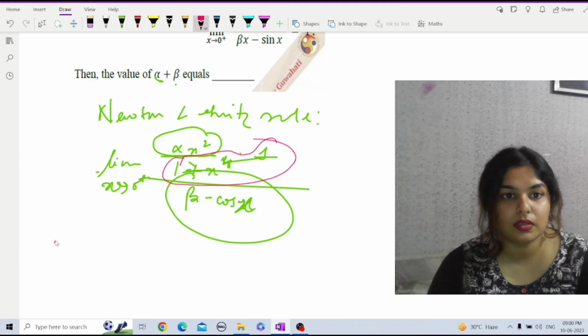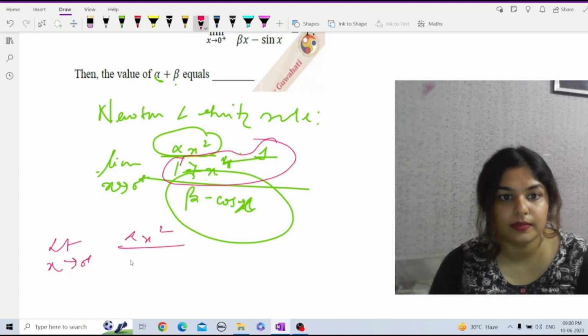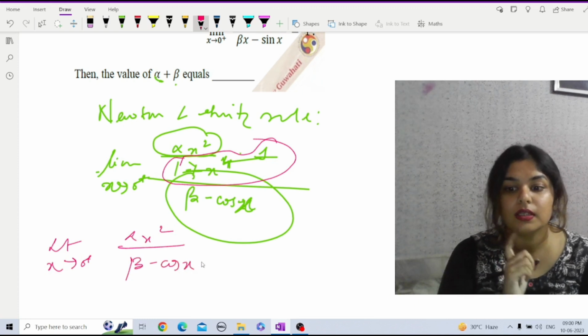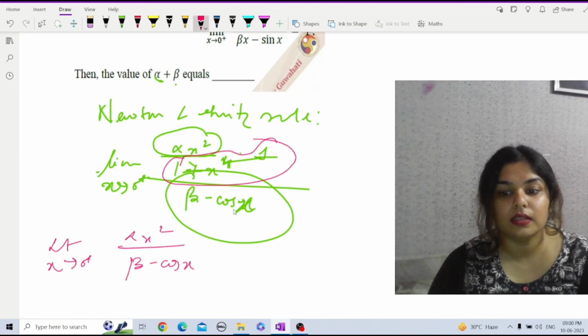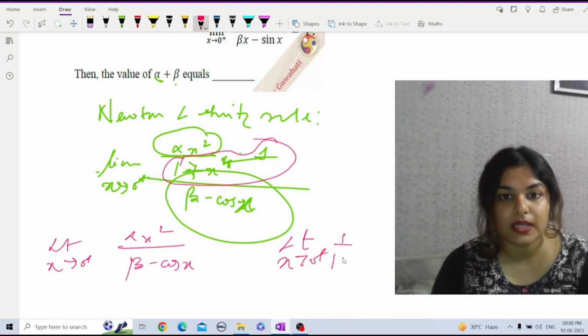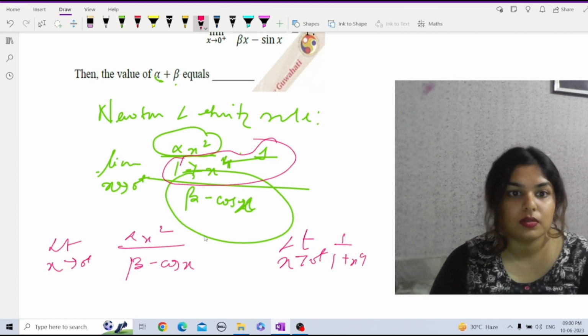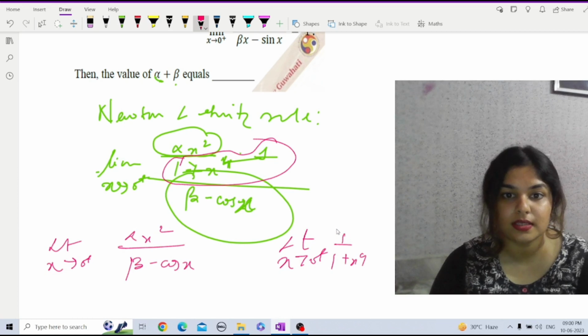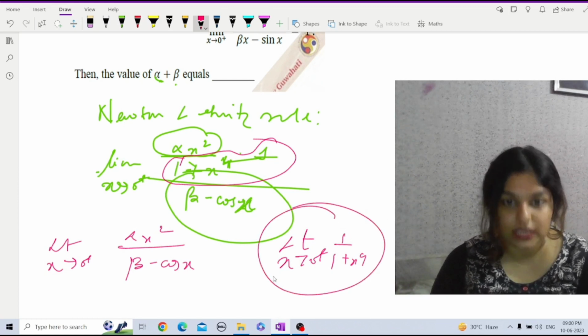So let me write down this limit x tends to 0 positive alpha x square by beta minus cos x, right? And the other part is limit x tends to 0 positive of 1 by 1 plus x to the power 4. If you put 0, this part is easily understood. So first let us try to figure out this one.